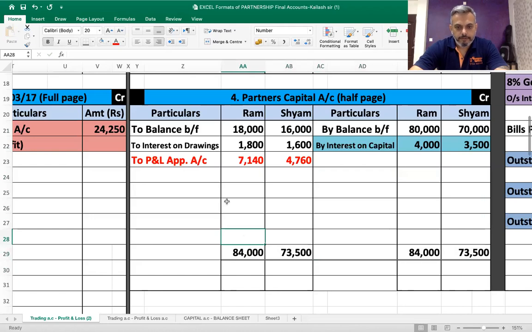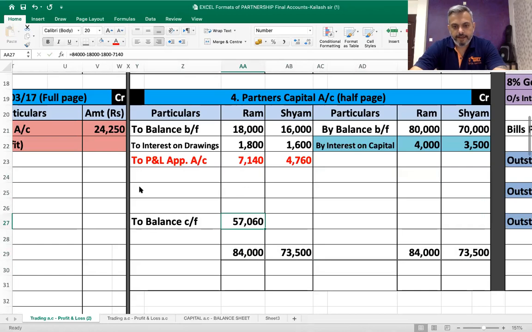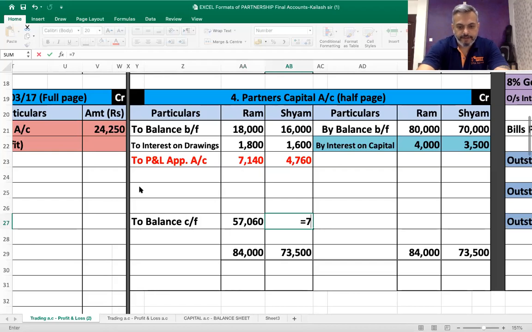Now over here we go one by one, to balance carried forward. 84,000 minus 18,000 minus 1,800 minus 7140, 57060. And over here 73,500 minus 16,000 minus 1,600 minus 4760.